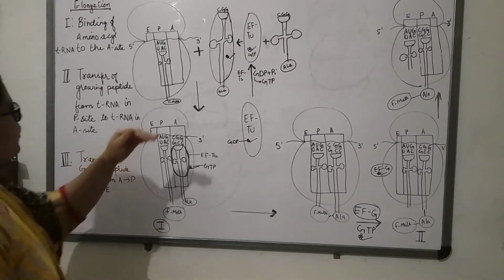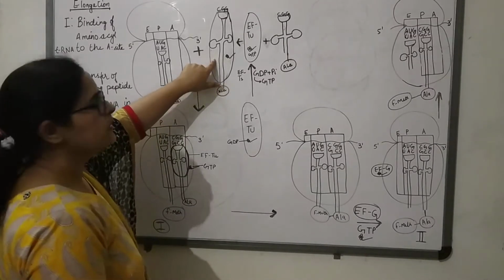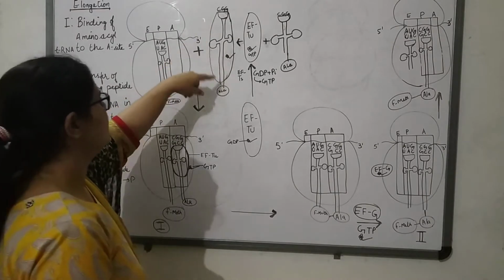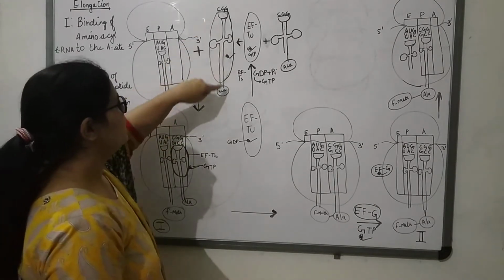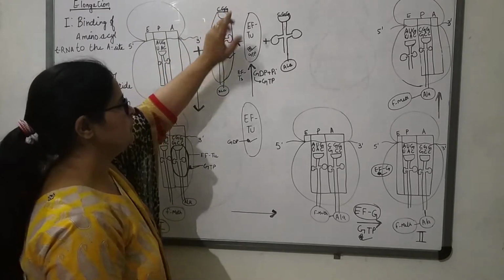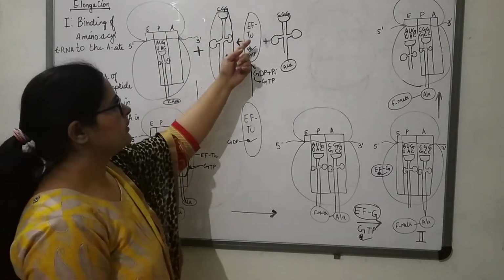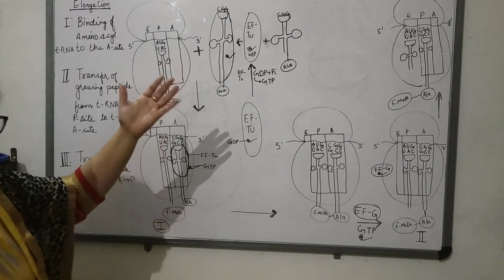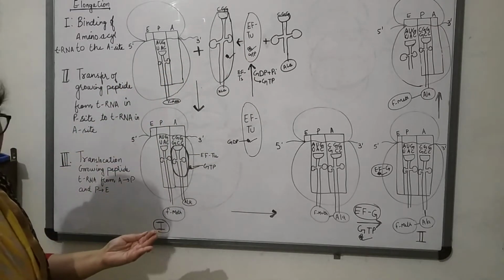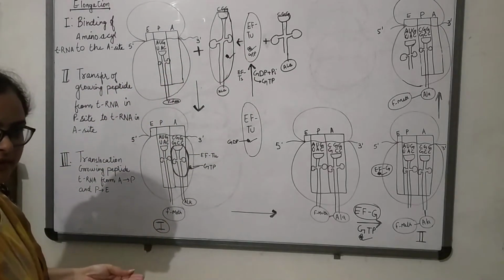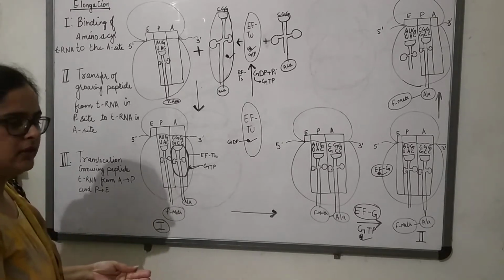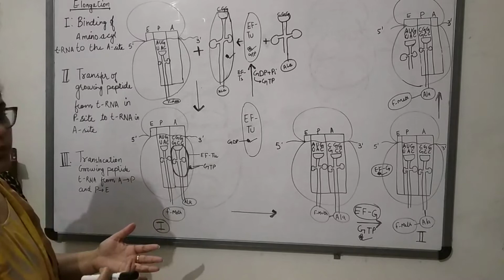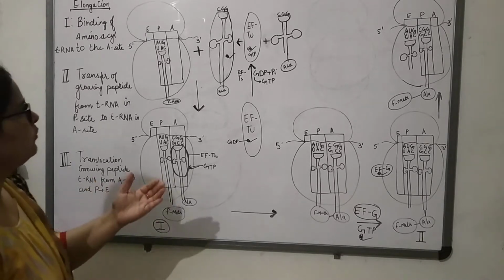Here we have a charged tRNA containing the amino acid alanine, with the sequence CGG, plus elongation factors, which are involved in the processing of elongation.